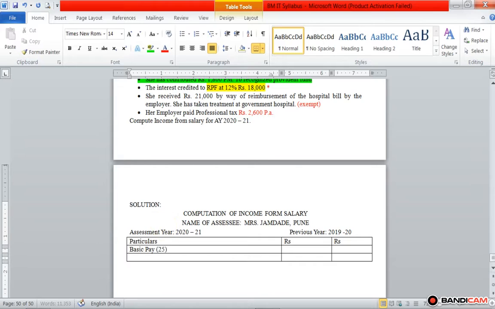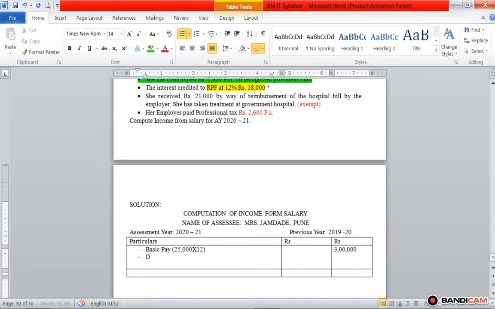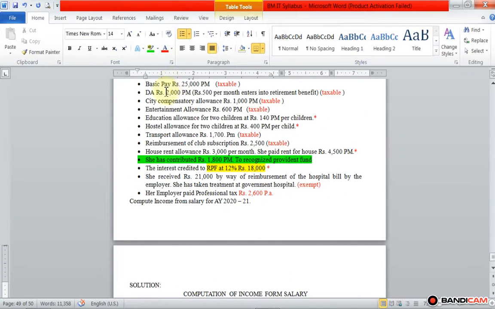Here 25,000 per month multiplied by 12 amounts to rupees 3 lakh, which is the basic pay. Then DA, amounting to rupees 2,000 per month.